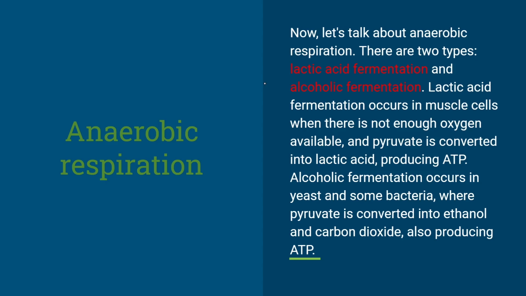So when there is absence of oxygen but you need energy, you have to go through anaerobic respiration. It produces lactic acid, which is of course toxic, but it produces ATP.